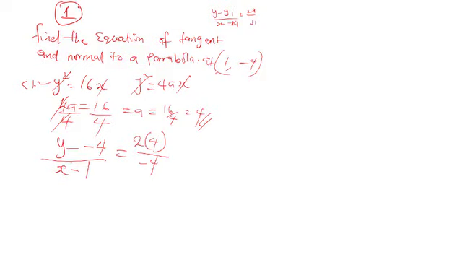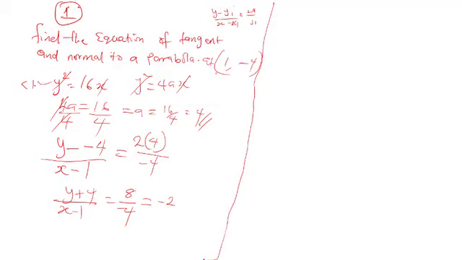So the equation becomes y plus 4 over x minus 1 equals 2 times 4 is 8 over minus 4, and 8 over minus 4 is equal to minus 2. So at this point, we have y plus 4 over x minus 1 equal to minus 2.